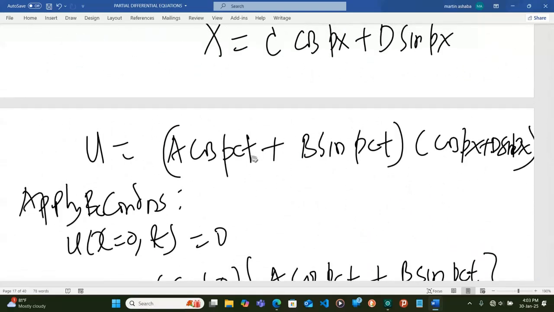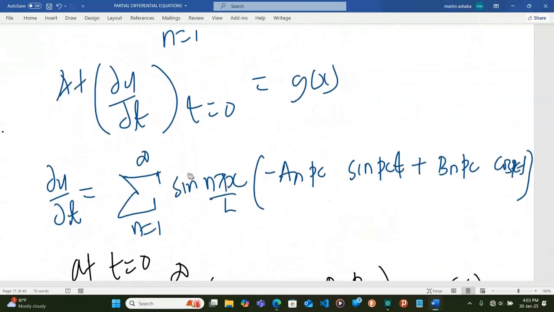Then you apply the boundary conditions to determine the constants a and b, and from there you apply the remaining initial and boundary conditions to determine the coefficients An and Bn.